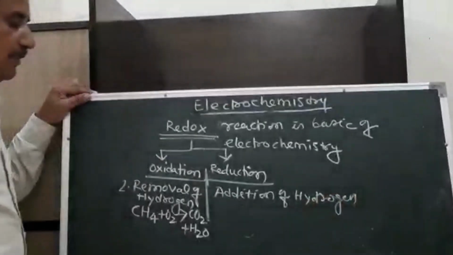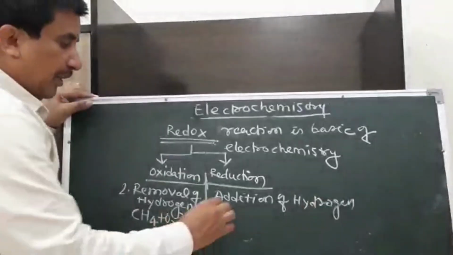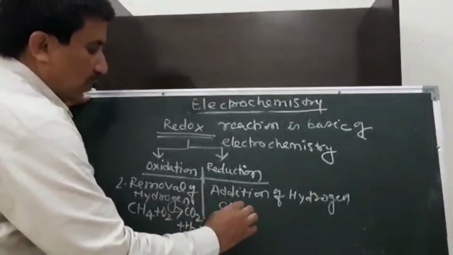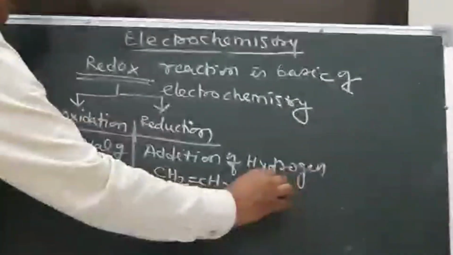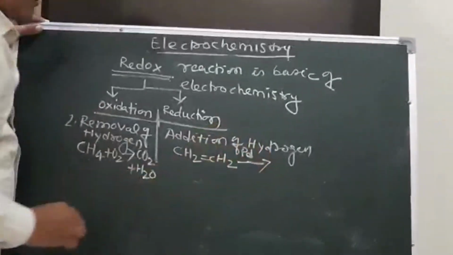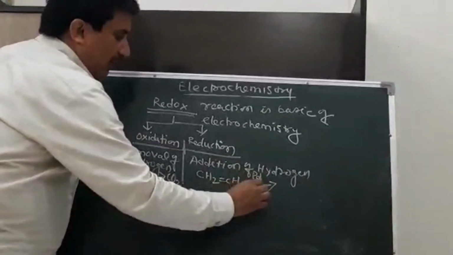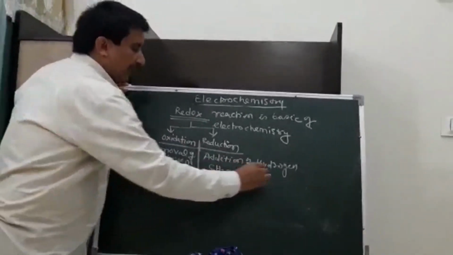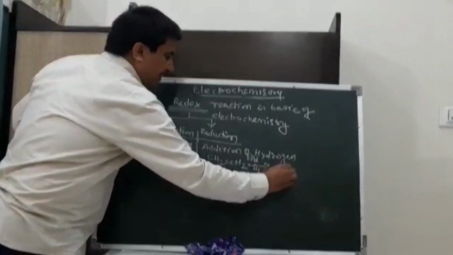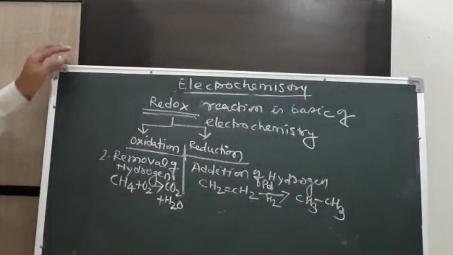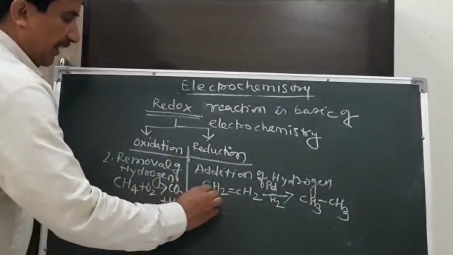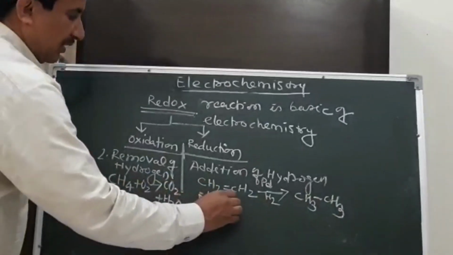How can it be explained? Suppose we have taken ethene, CH2 double bond CH2, and if we are taking palladium as a catalyst and hydrogen gas, then it gets added on and we get CH3 single bond CH3, ethane. So this is ethene getting converted into ethane.